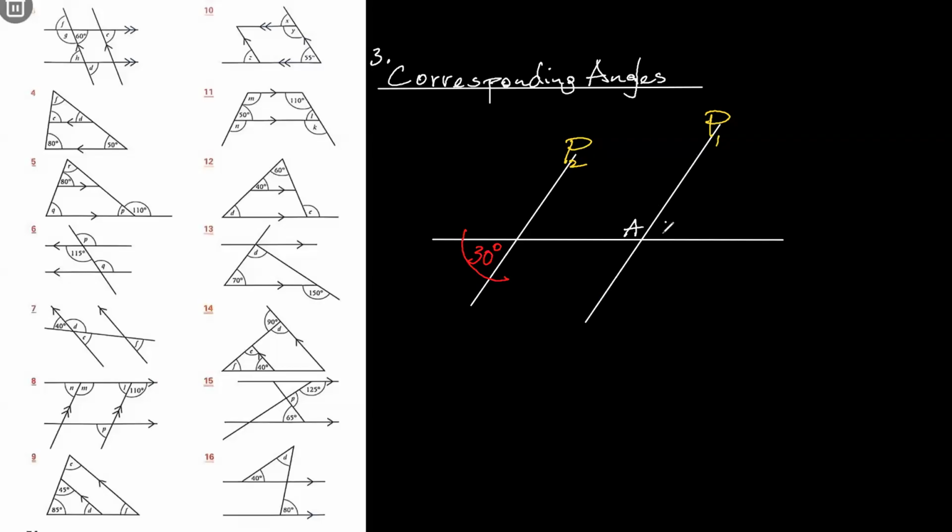Where is the angle that corresponds to the 30 degrees? Is it at A, B, C, or D? C. No, that's not right.